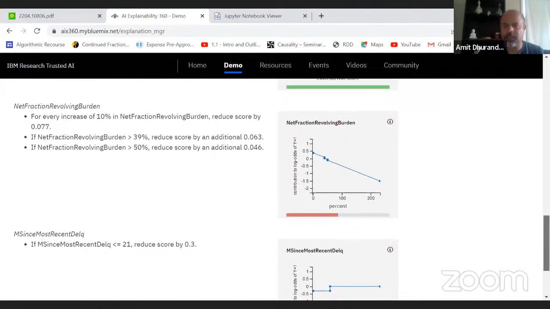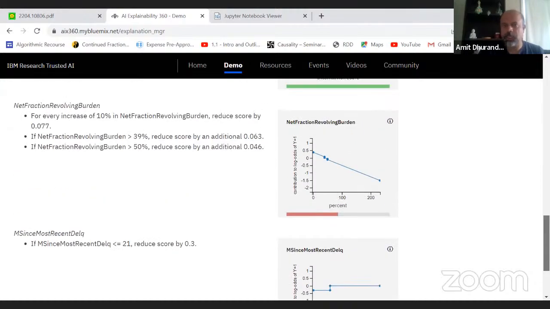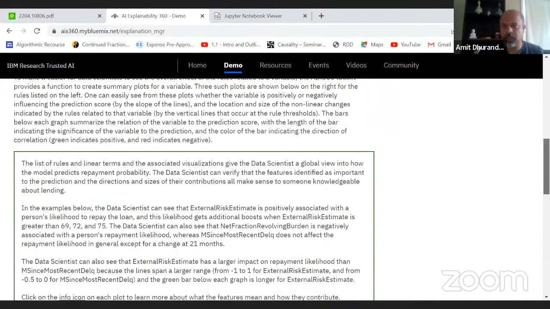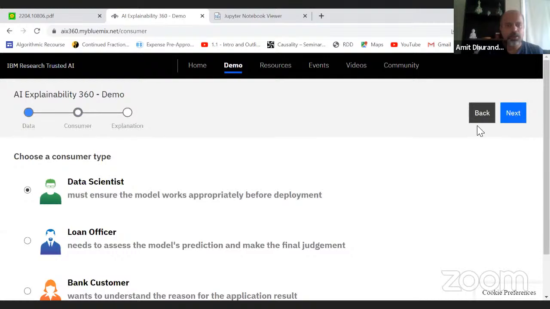These are all financial indicators essentially, and months since most recent delinquency and things like that, and how they would affect your chances of getting a loan. So what you could do is some sanity checks before deploying: whether these are the factors you should rely on, and secondly, whether that is the trend you would want, more or less. You can do some sanity checks with this kind of model.